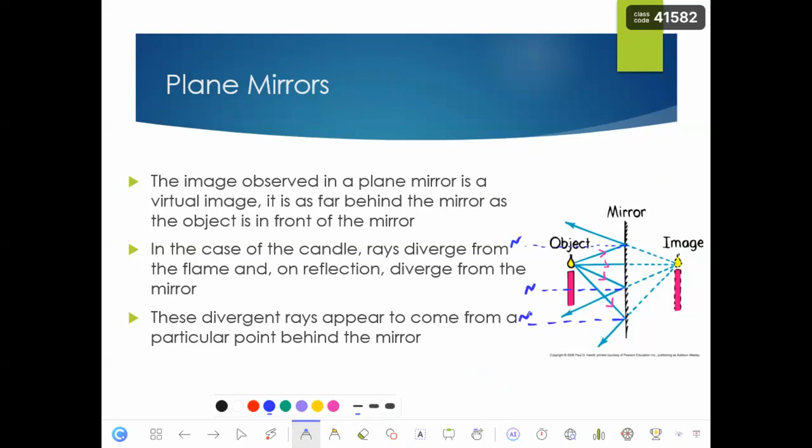What was the normal line? The normal line is perpendicular to the reflecting surface, which here is the mirror. So, the law of reflection says that the angle of incidence should be equal to the angle of reflection. Good? So, this was the incident light.